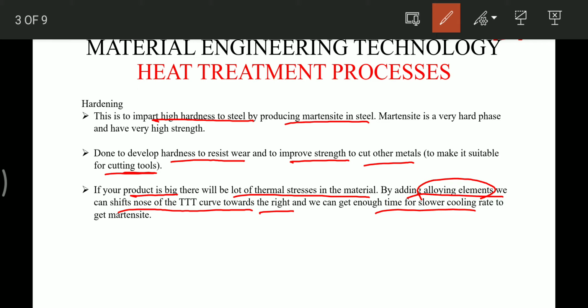Just keep this point in mind. We will elaborate on this when we study martempering. Martempering is basically another solution, a substitute for this one.